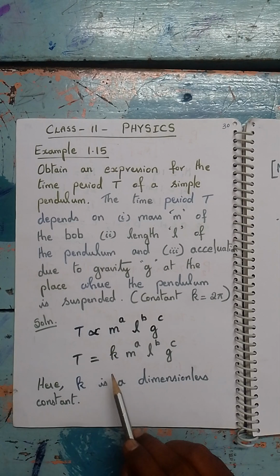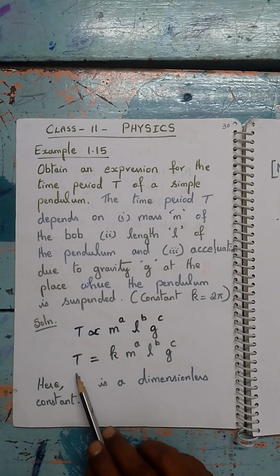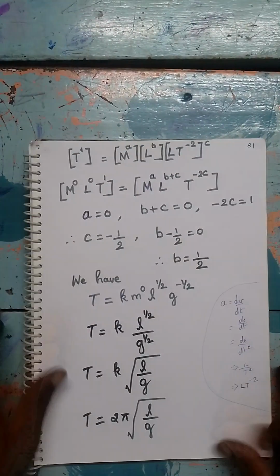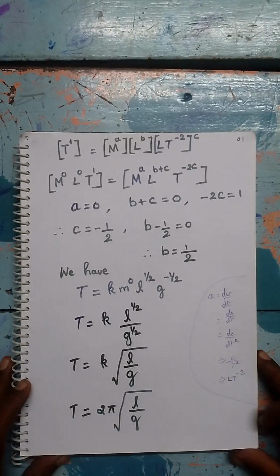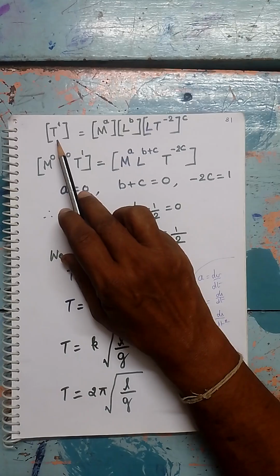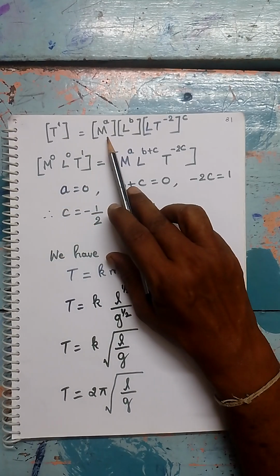It's a constant, it does not have any dimension. So when you do dimensional analysis, you can ignore k. On the left hand side we have time, T power 1.